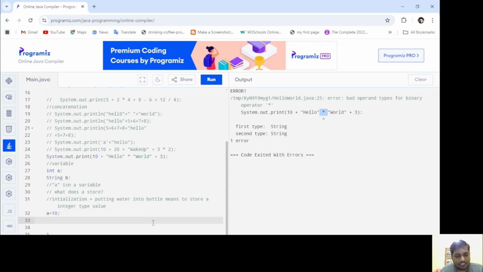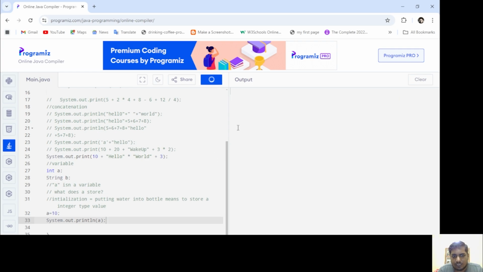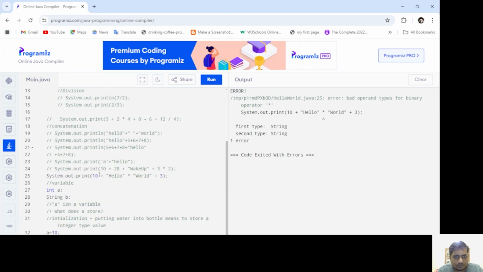If we declare this, how will we print it? System.out.println(a). Just see it, it will give 10 only.